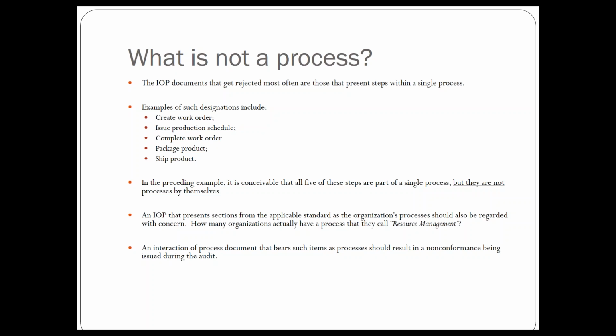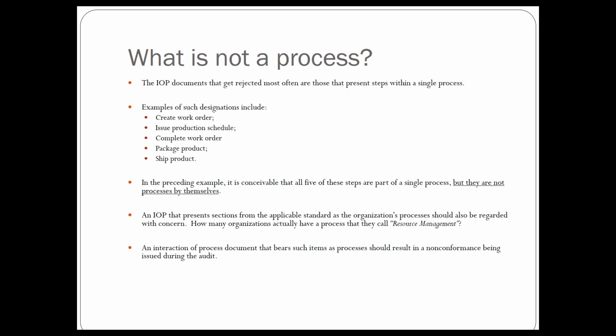So, for example, create a work order, issue a production schedule, complete a work order, package a product, ship a product. These are likely all steps within a single process. They may make up 2 or 3 processes, but it is highly unlikely that these are standalone processes.